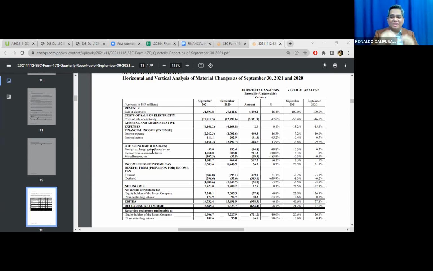Of course, there are changes in the exchange rate as of a particular period of time. And then you have your income from insurance claims. So probably one of their power plants broke down and there was insurance coverage. Okay, so you have their income before income tax.